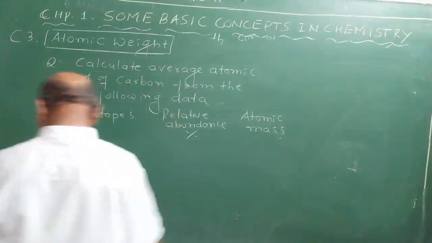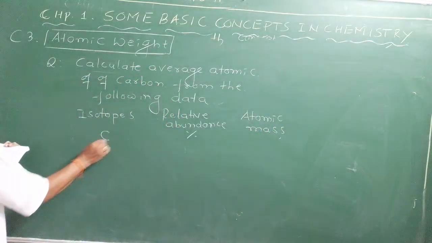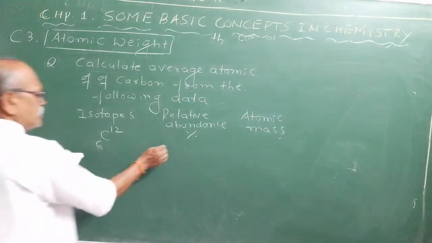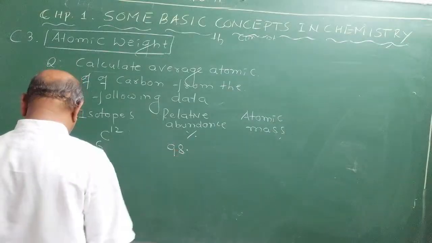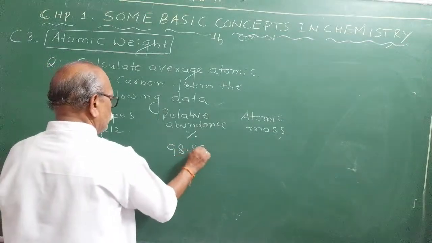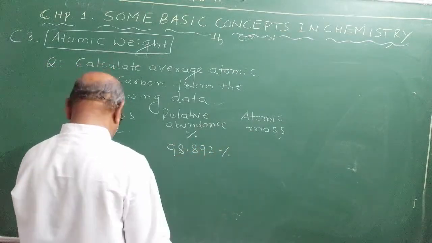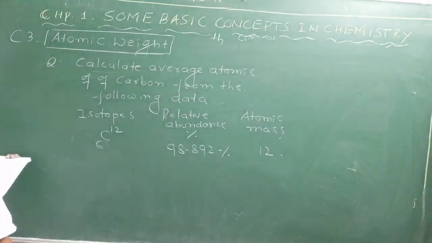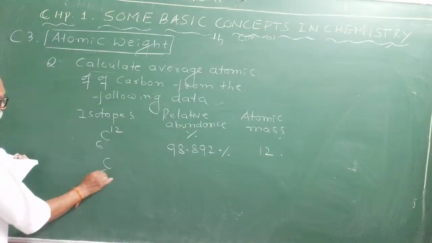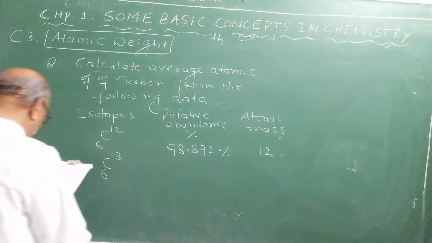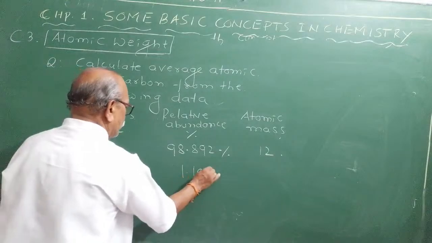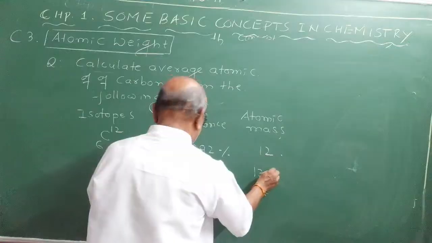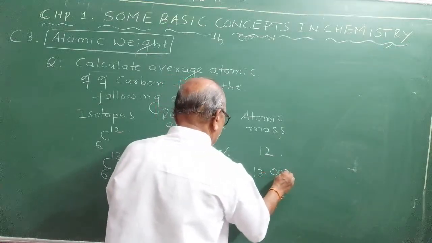Now there are 3 isotopes of carbon. Carbon 12 is one isotope. Its percentage is 98.892, and its atomic mass is 12. And carbon 13 is also available. Its percentage is 1.108, and its atomic mass is 13.00335.